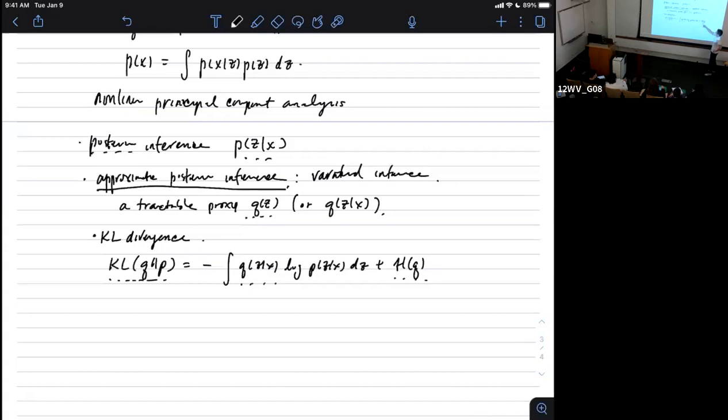And then what is this one? This is the entropy of this Q distribution. If you recall entropy, we talked about it quite a bit when we talked about perplexity.